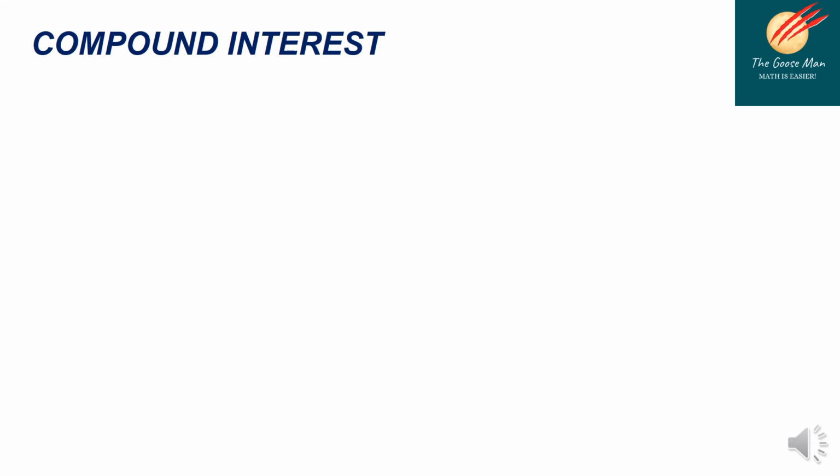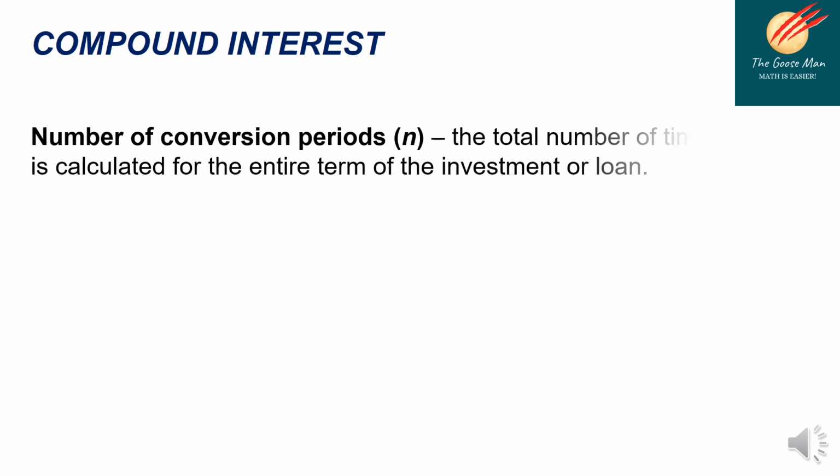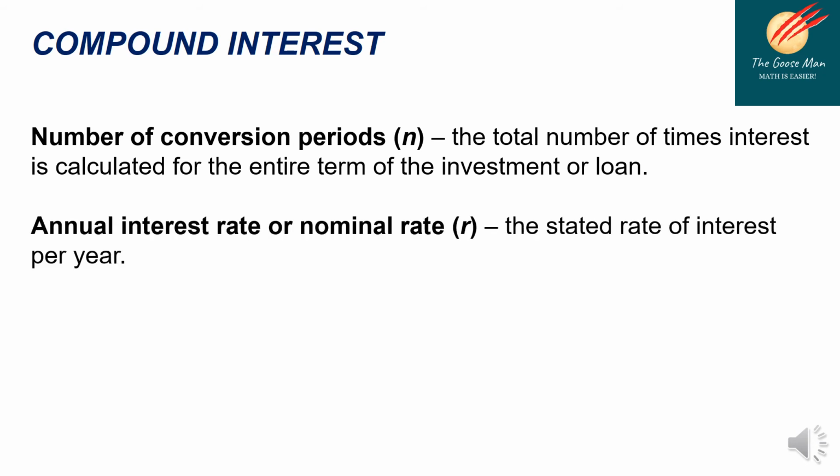Before we solve problems on compound interest, let's have the following terminologies first. We have the number of conversion periods, in symbol, n. That is the total number of times interest is calculated for the entire term of the investment or loan. Next is the annual interest rate or the nominal rate, in symbol, r.